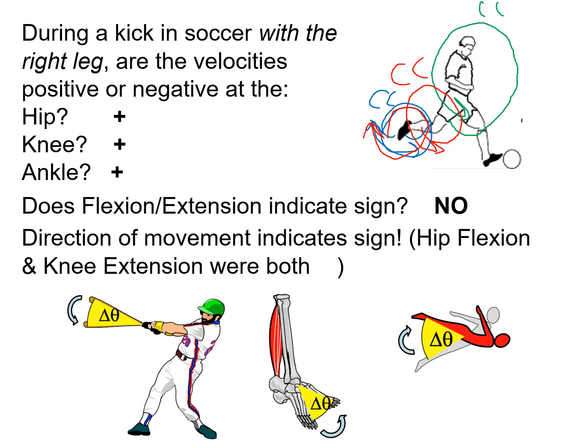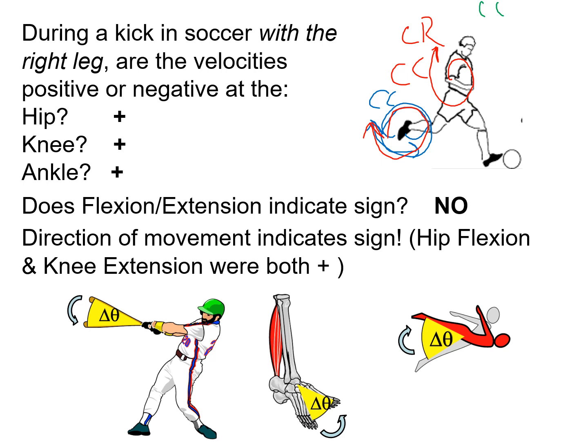So if we see hip flexion and knee extension, we're both positive. But if we're looking at hip extension, hip extension is going to move like this. That's our clockwise rotation, okay?